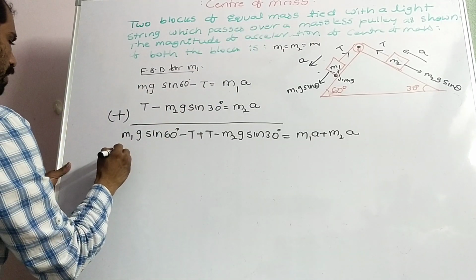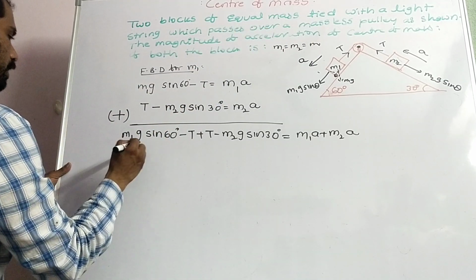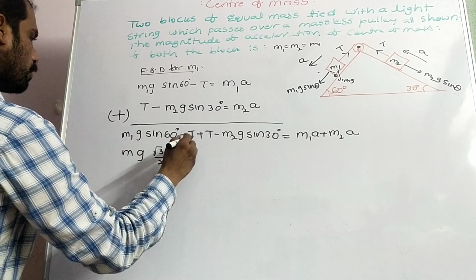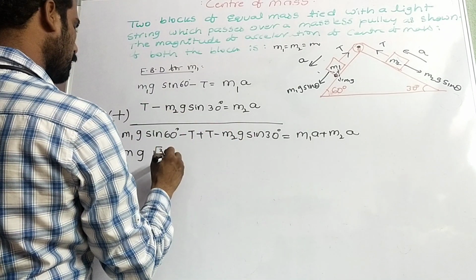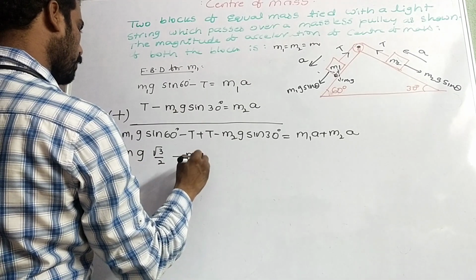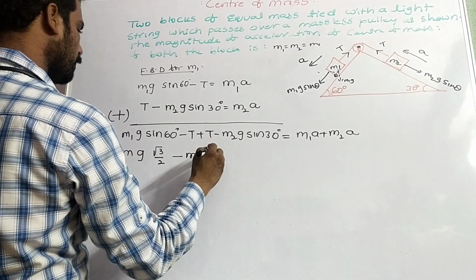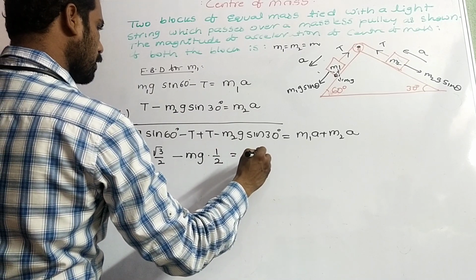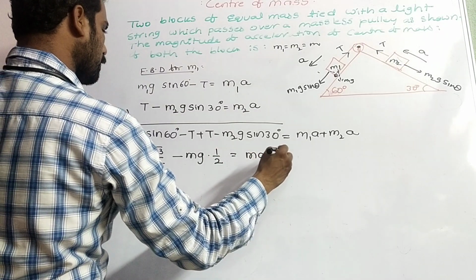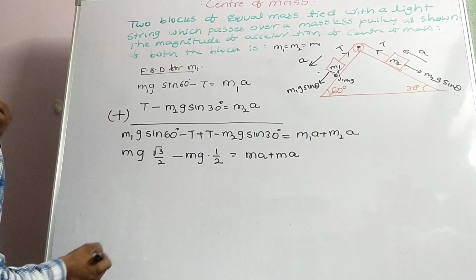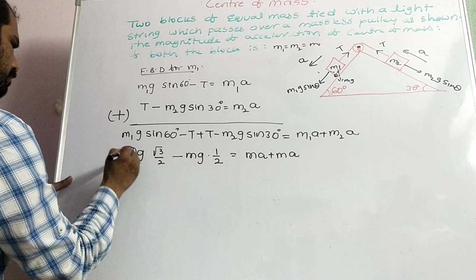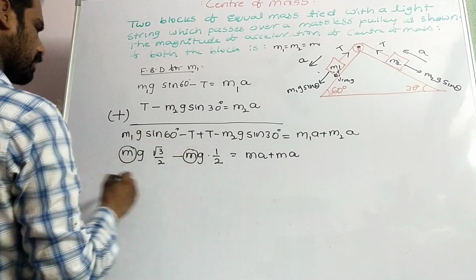That's why I will write mg sin 60, root 3 by 2, minus T plus T gets cancelled, minus mg sin 30, 1 by 2, is equal to ma plus ma. So m gets cancelled.